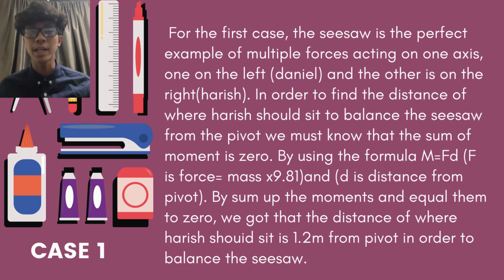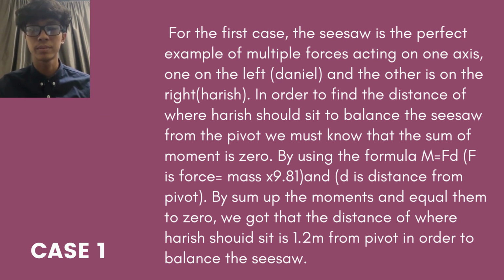By using the formula M equal to Fd, where F is force equal to mass times 9.81, which is the gravity, and d is distance from the pivot. By summing up all the moments and equating them to 0, we got that the distance of where Harish should sit is 1.2 meters from the pivot in order to balance the seesaw.